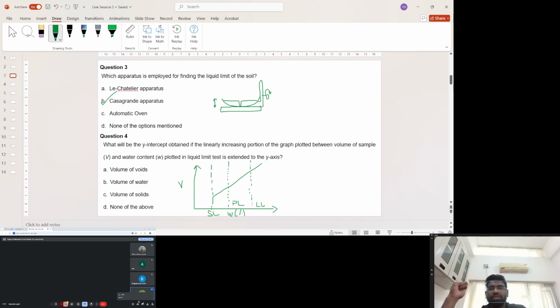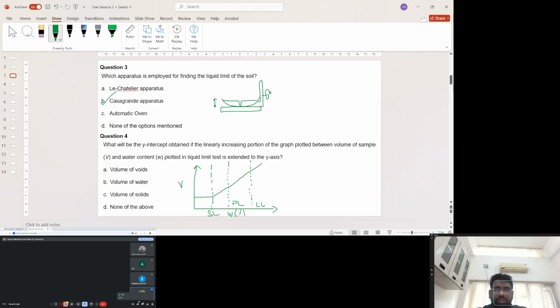So beyond this, the graph will be extended like this. With further decrease of moisture content there will be no change in volume, and at zero moisture content, when the water is completely dried, that is not exactly possible. It has some minimum water content known as hygroscopic moisture content.